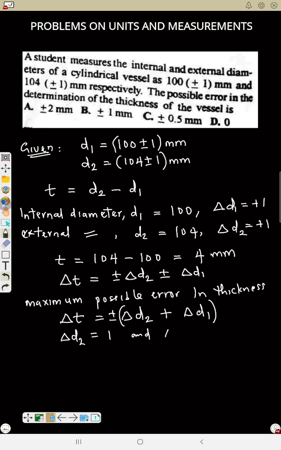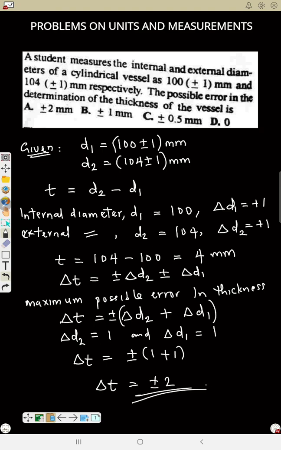That means maximum possible error in d1 is equals to 1, that is plus 1 and plus 1, we take the plus, so that means maximum possible error in the thickness is plus or minus 2. So that is what the question asks for.